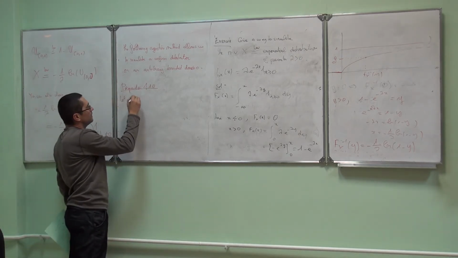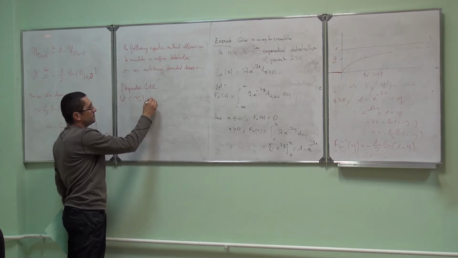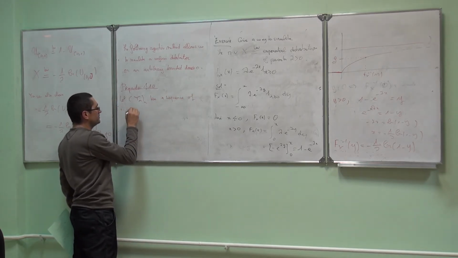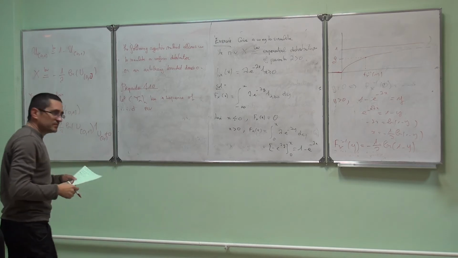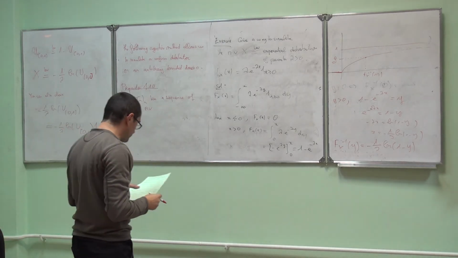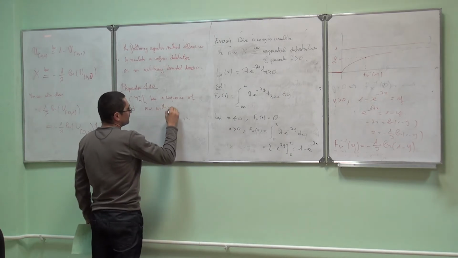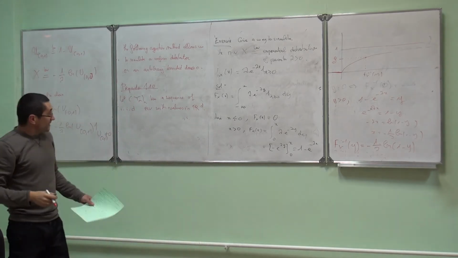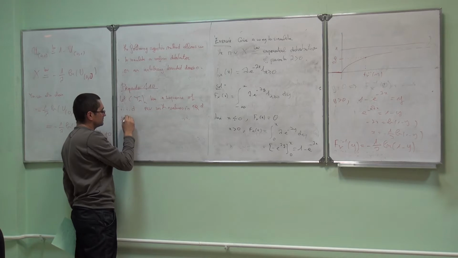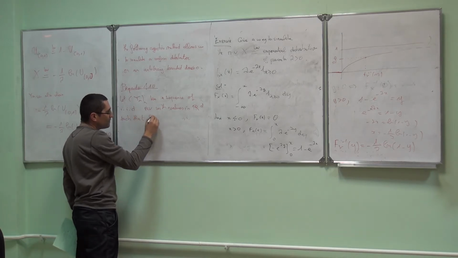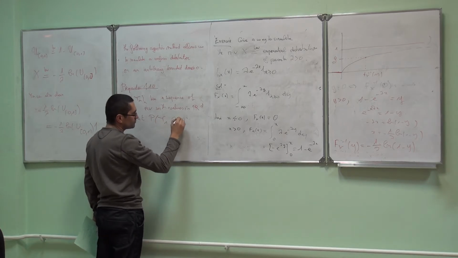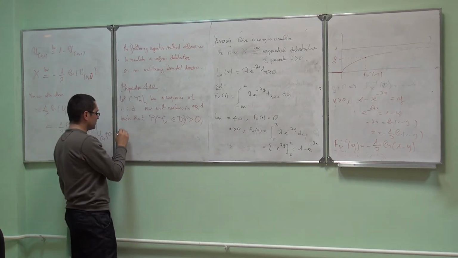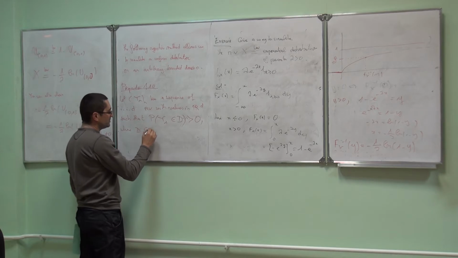Let Y_n be a sequence of i.i.d. random variables, that is independent and identically distributed, with values in R^d, such that the probability that Y_1 belongs to some domain capital D is strictly positive, D included in R^d.